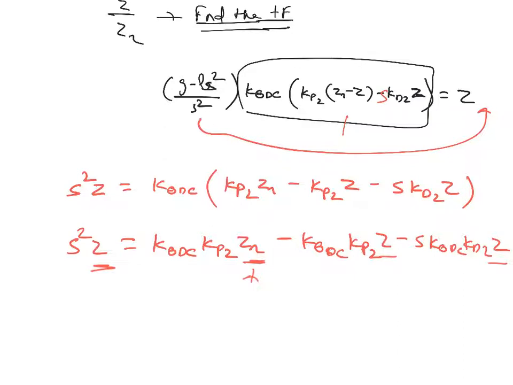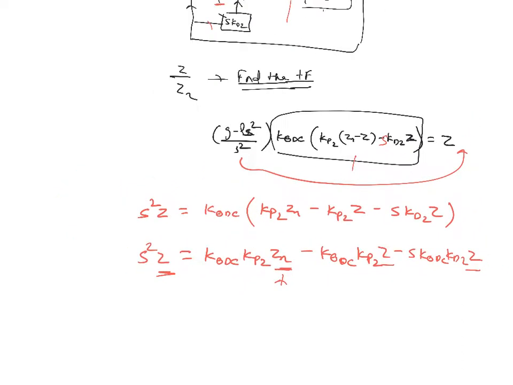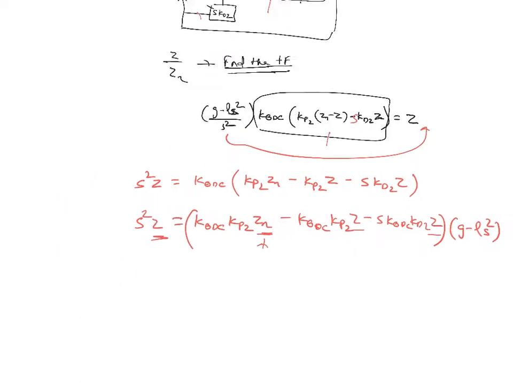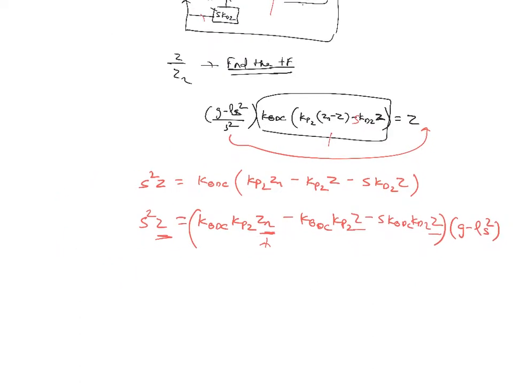Yes? What happened to the G minus L S? Do I understand? We multiply by S squared. Oh yeah, this whole thing is multiplied. Yeah, good. Sorry. Nothing happened, I forgot. G minus L S square. Right? So yeah, that's good. Let's go and multiply that also.